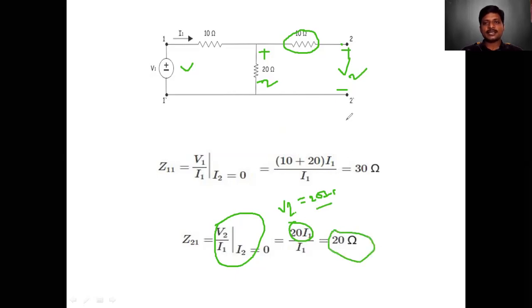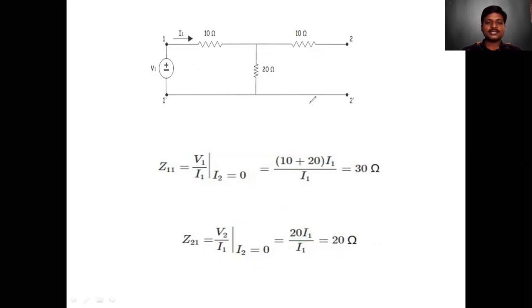So that is the other parameter, Z21. This is how you can find Z11 as well as Z21 by open circuiting the output port.